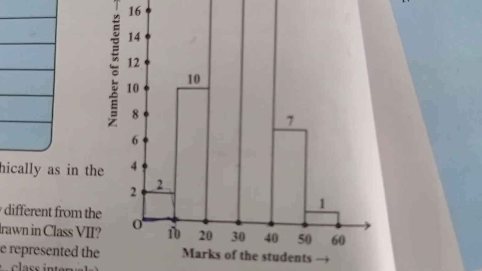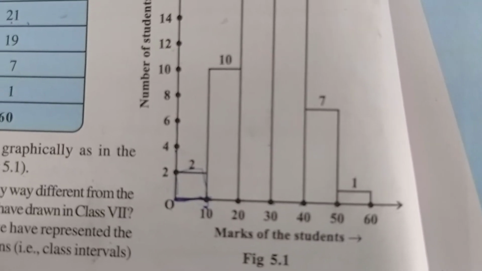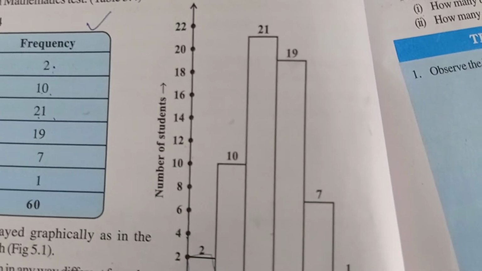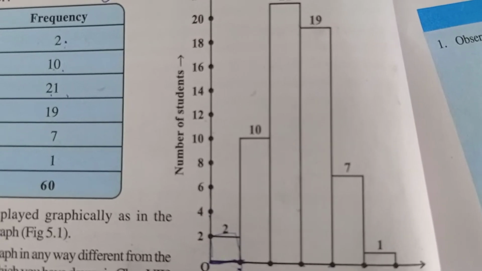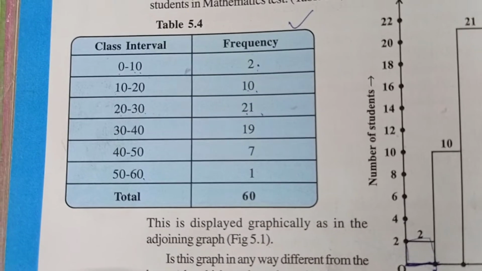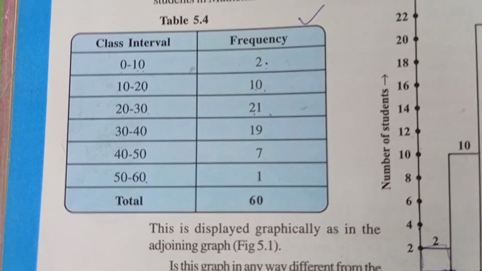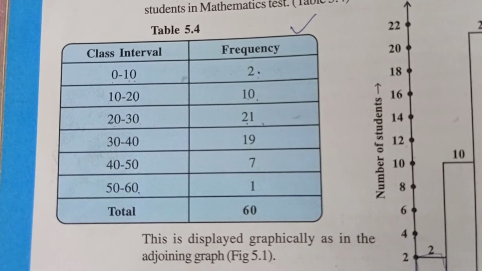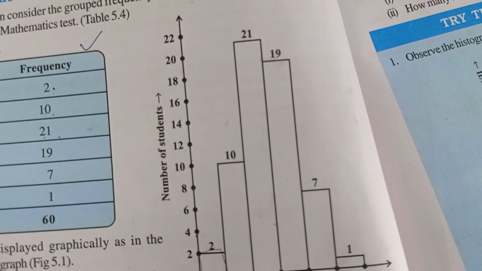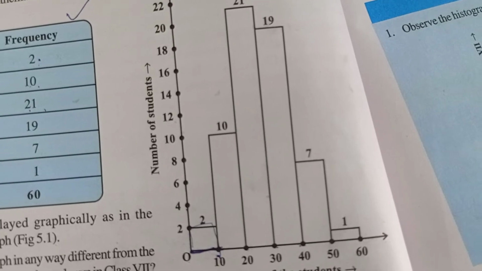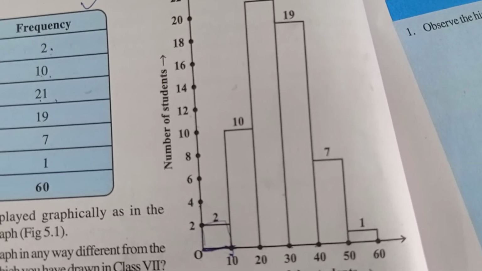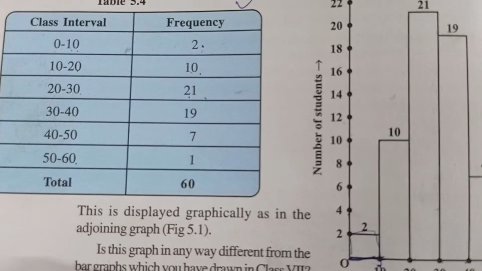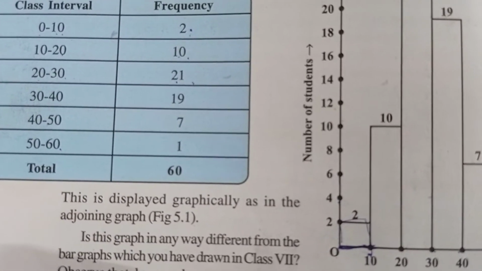But in this histogram, there is no distance between the rectangular bars. So this is the way we can represent this grouped frequency distribution table graphically using a histogram. The width of each bar is the same, and the height will depend on the frequency of that respective class interval.